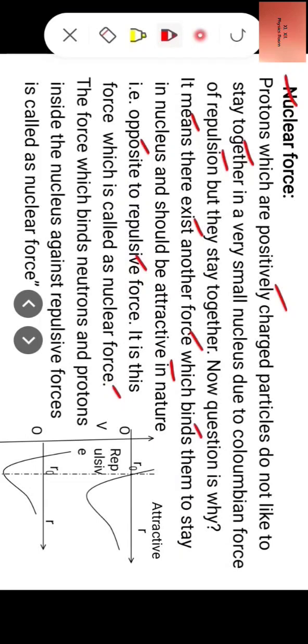Now we define what is nuclear force. The force which binds neutrons and protons inside the nucleus against repulsive forces is called as nuclear force.